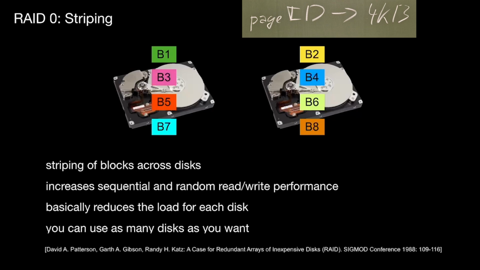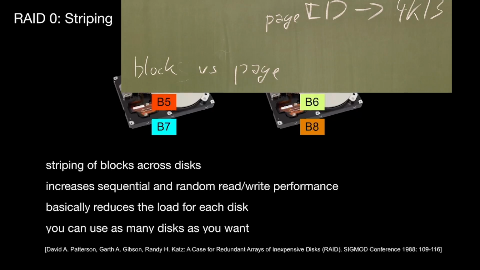That's the mapping we had. And here I will be talking about those pages, these chunks of bytes. There's another term for that called block. So there's block versus page. That's sometimes confusing, in particular in literature. It means the same thing.